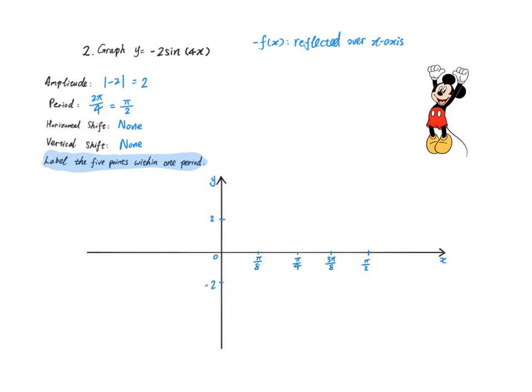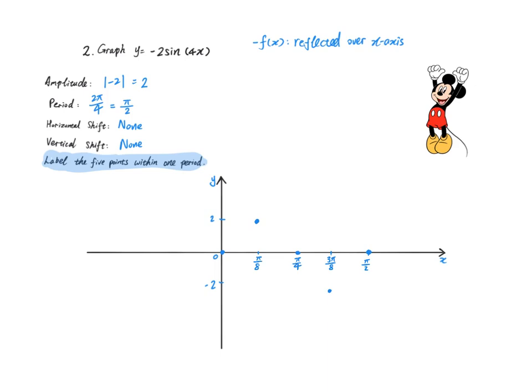Okay, now I'm going to graph the function. So what is the pattern here? The pattern is the same, right? Origin, maximum point, center, minimum point, and the center. However, one thing is a little different. We have a negative sign right here.